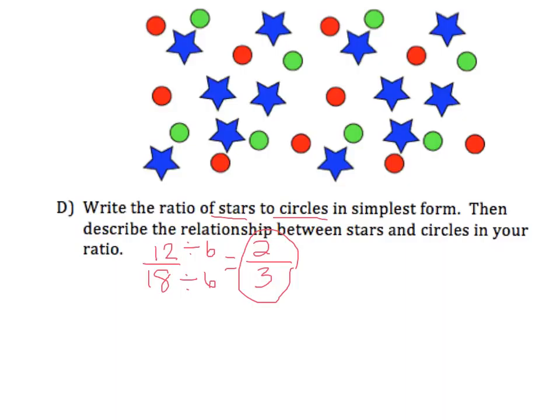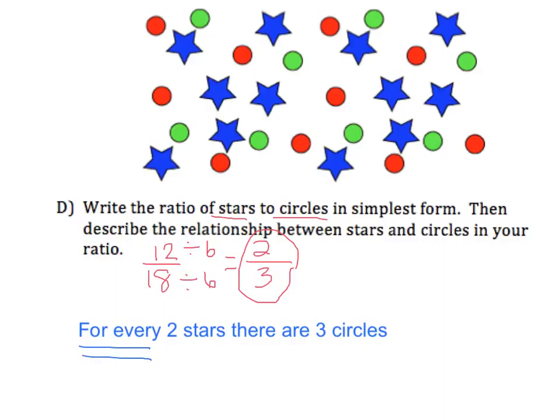So for every 2 stars, there are 3 what? 3 represented circles. And we want to word it just like that. We want to use the words for every something, there is or there are something. That's how you should word every description of a ratio because that's what it truly means.